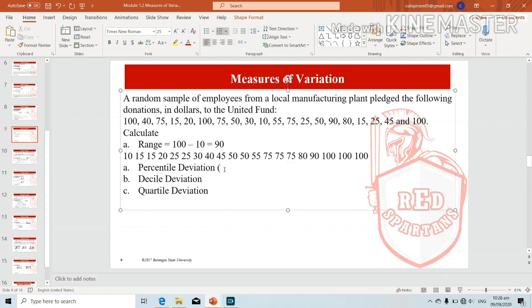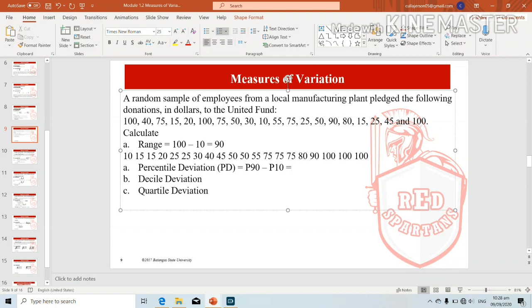So, yung formula natin ng PD is equal to P sub 90 minus the P sub 10. So, kunin natin yung value ng P sub 90. Yung formula natin, 90n over 100. So, 90 times 20 over 100 equal to 18th. So, alin ba yung pang 18th na value?